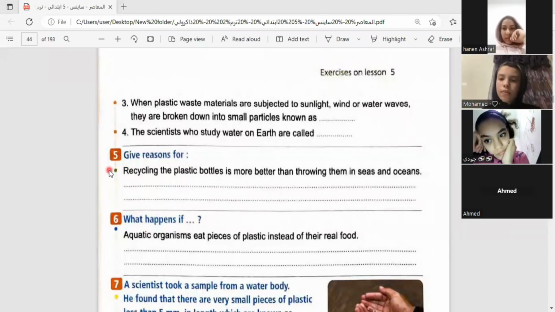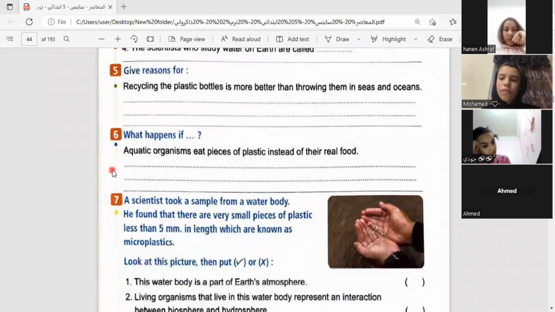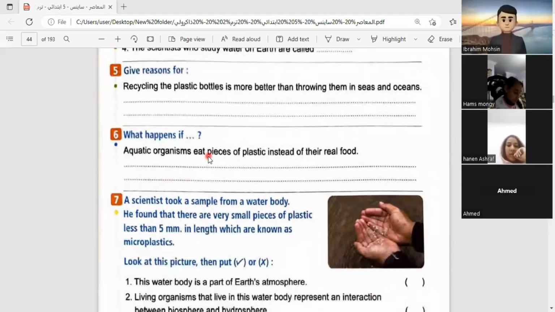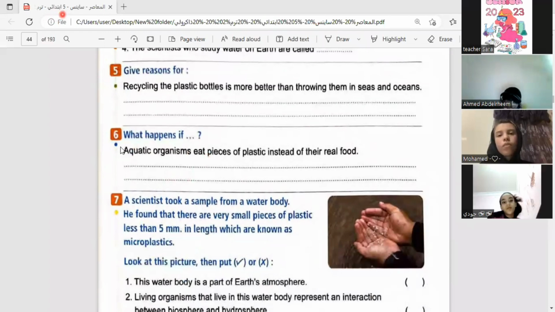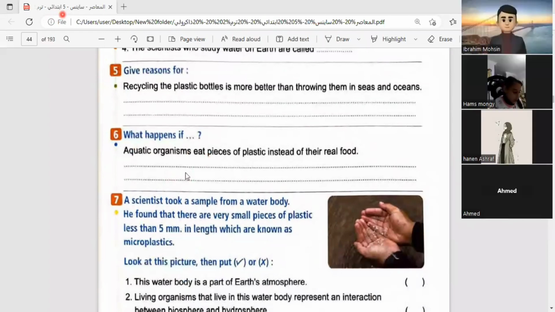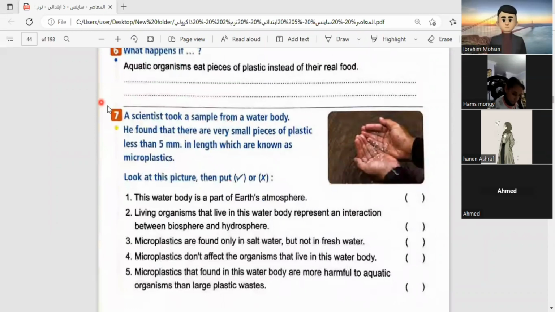Yes, right. Number 6: what happens if aquatic organisms eat pieces of plastic instead of their real food? The aquatic organisms will be harmed. Yes, right.